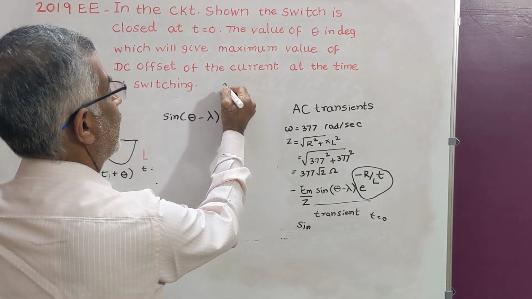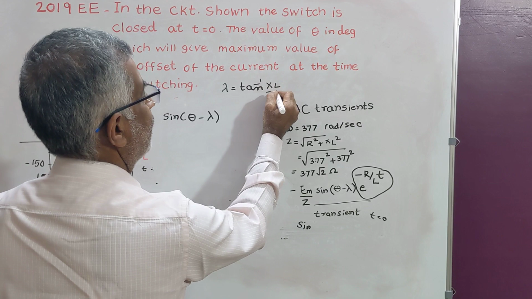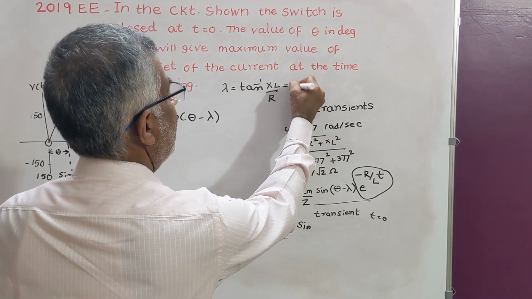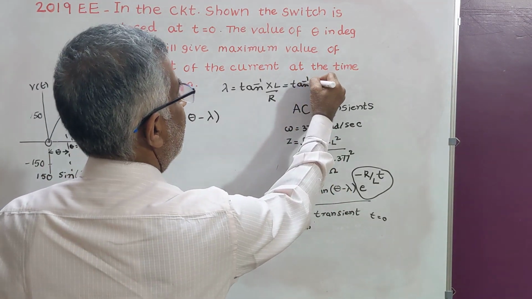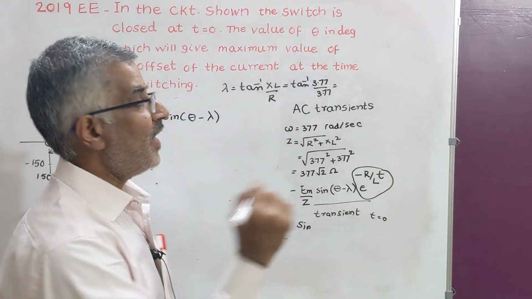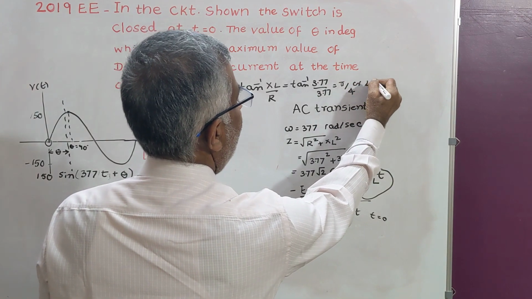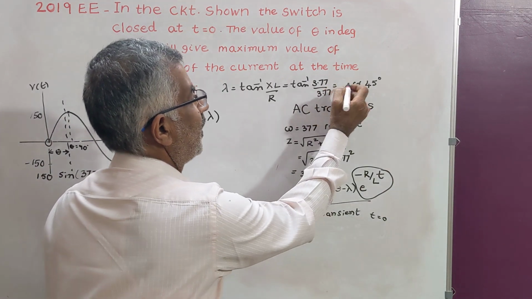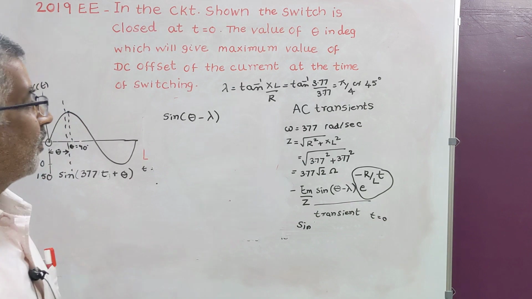Lambda is tan inverse of XL by R. That is tan inverse of 377 by 377. That is tan inverse 1. Tan inverse 1 means pi by 4 radians, or 45 degrees.